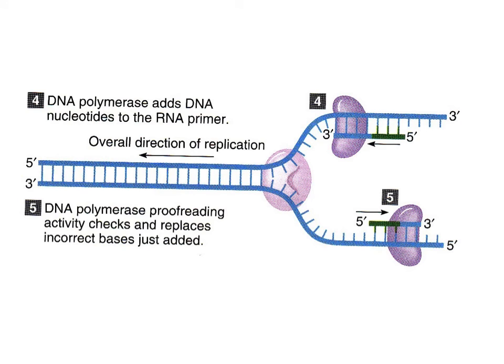So now, as you can see, the direction of the addition of those nucleotides is towards the replication fork on the top and away from the replication fork on the bottom, because it has to go in that 5' to 3' direction, or it has to read the template in a 3' to 5' direction. On the bottom strand, you see that the 3' to 5' direction is away from that replication fork.